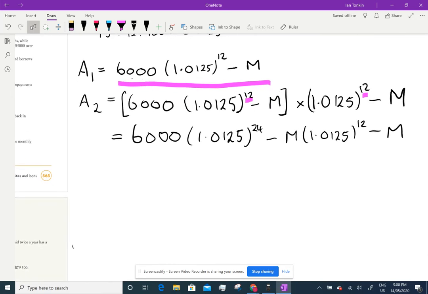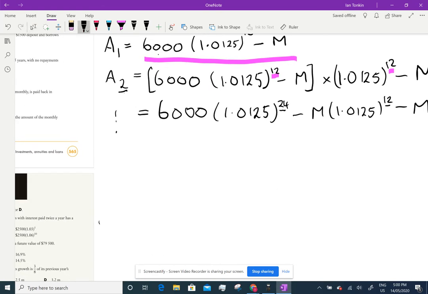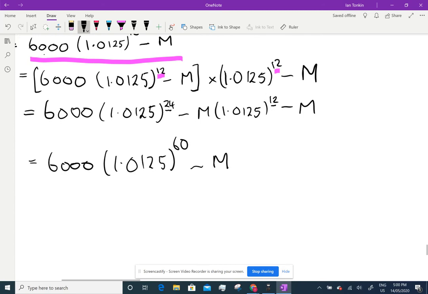Now notice that this is this times 12, and this is going to go up in 12s as well. So if I go to the 5th year, I'm going to get 6,000 times 1.0125 to the 60, because 5 12s are 60, minus m, and I'm going to have one less 12 there.